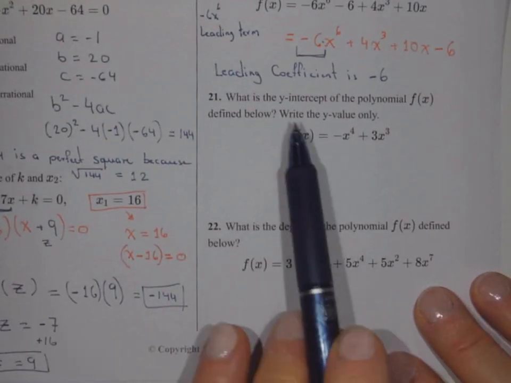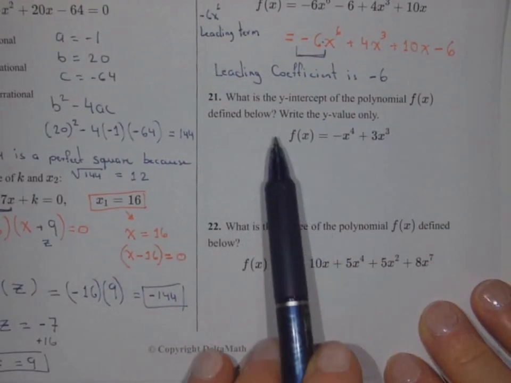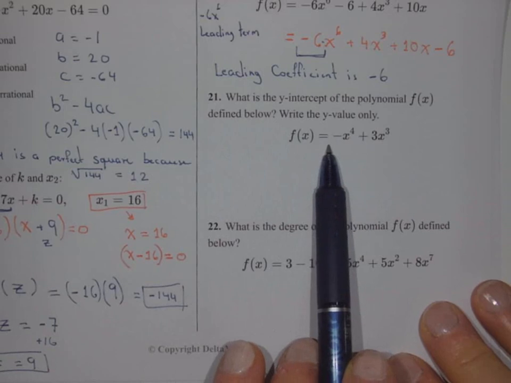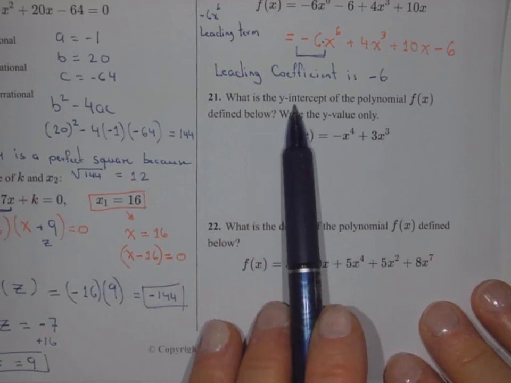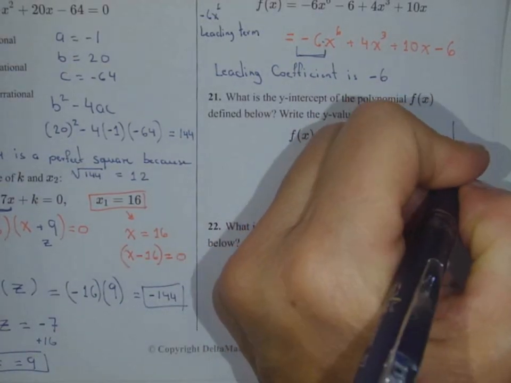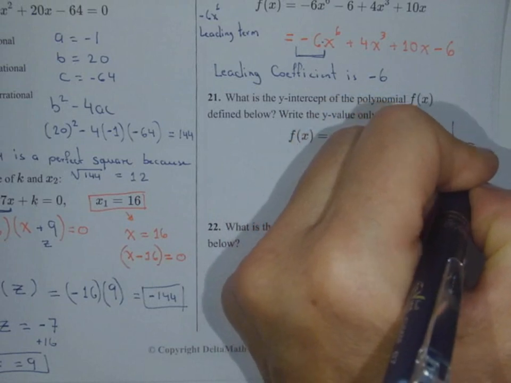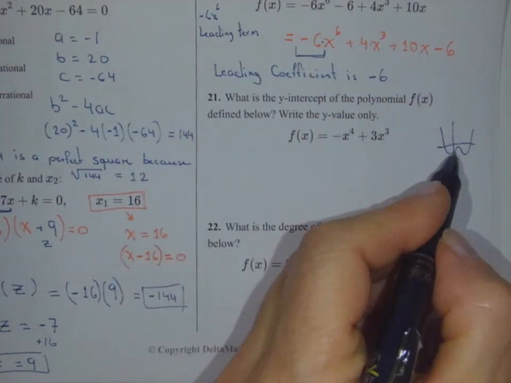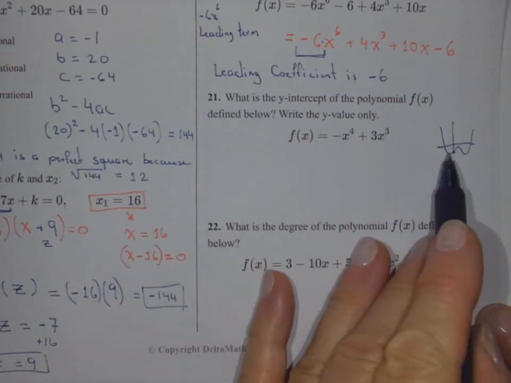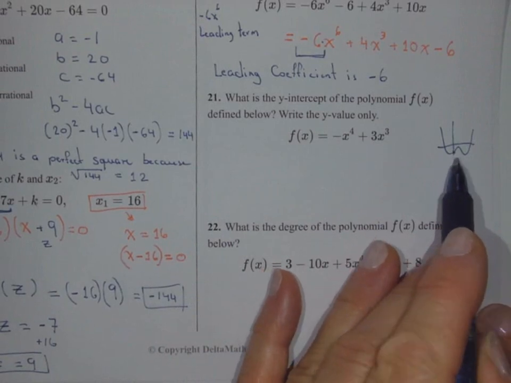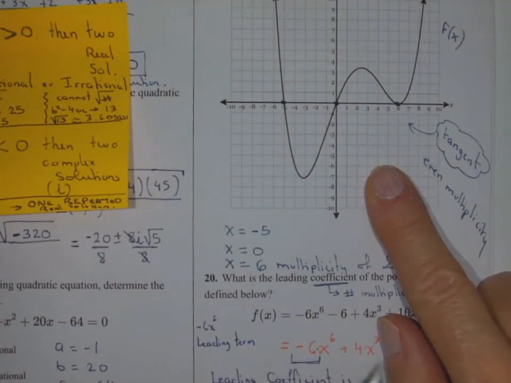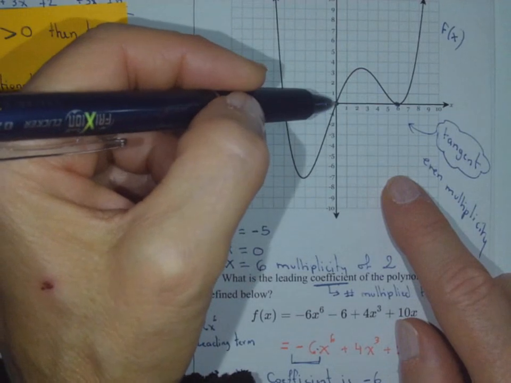Okay. What is the y-intercept of the polynomial f of x defined below? So the y-intercept, so where does any graph ever cross the y-axis? When x equals 0, right? So look at this one. The y-intercept is when x equals 0.